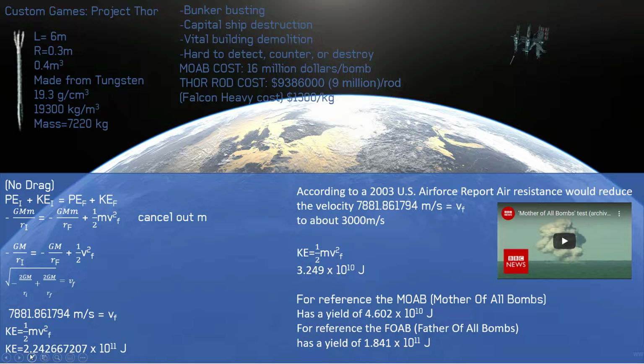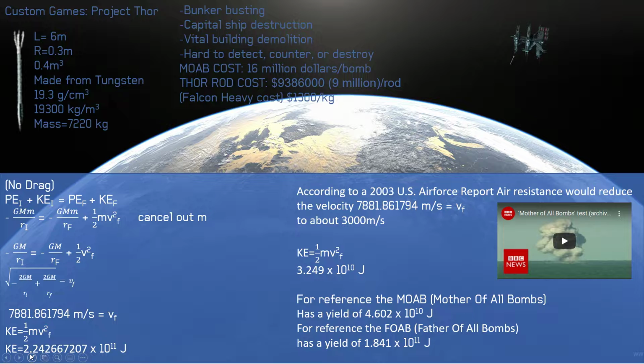However, this is without air resistance, and as you can see with paper, for example, air resistance is incredibly important. It's going to reduce that speed a lot. And according to a 2003 US Air Force report on air resistance, the velocity that we discovered, 7,882, would be reduced to about 3,000 meters per second, which is still ridiculously fast.